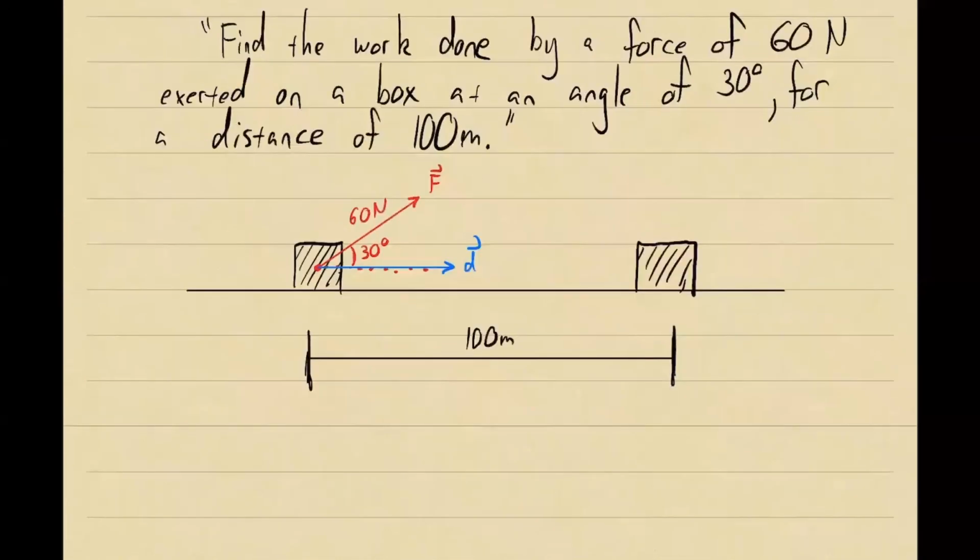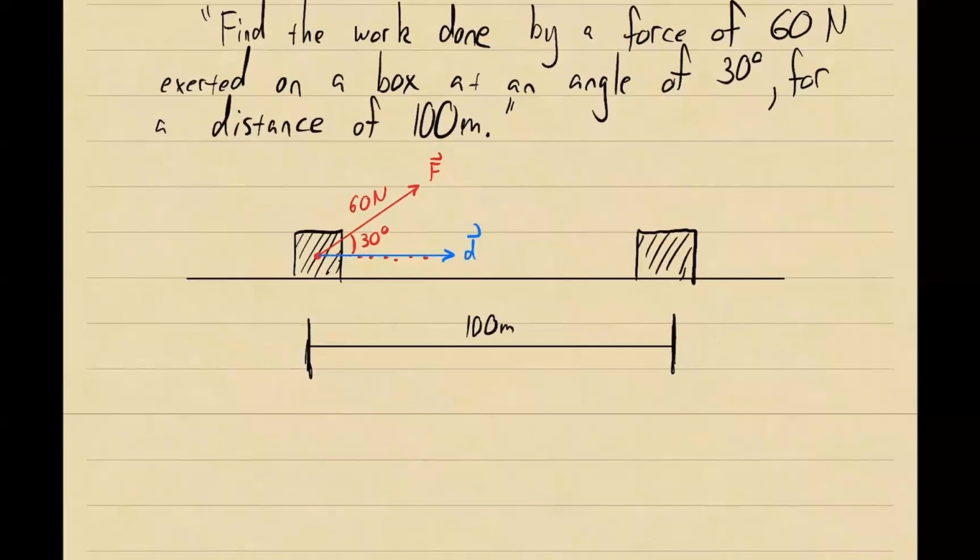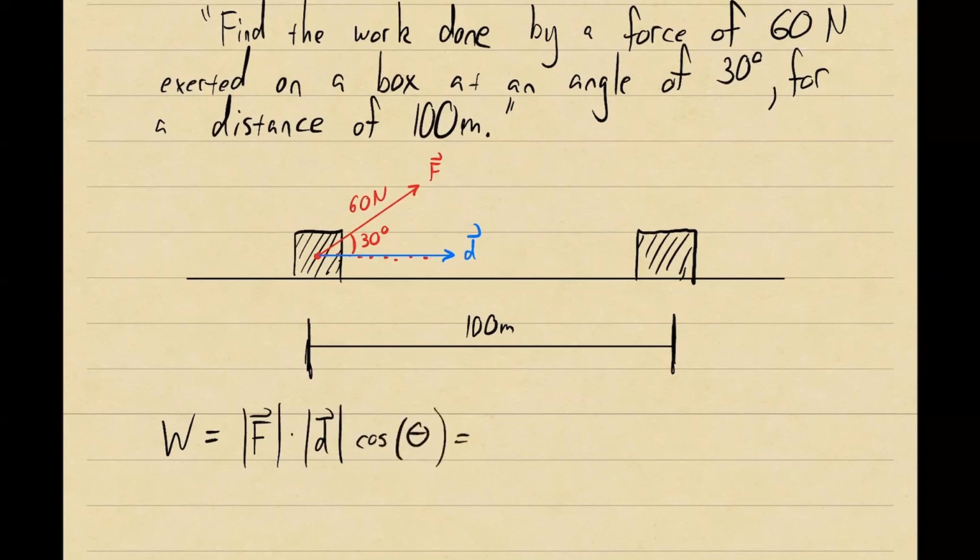Switch back. So let's find the work done by the force. So the work done by this force in moving this box from here to here, right? The work done is equal to the magnitude of the force times the magnitude of the displacement times cosine of the angle in between. And so this is just F times D times cosine theta.